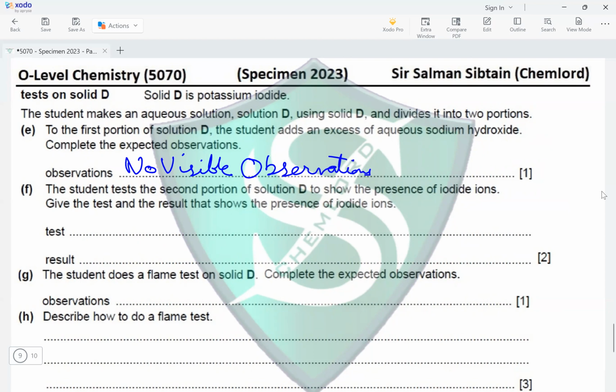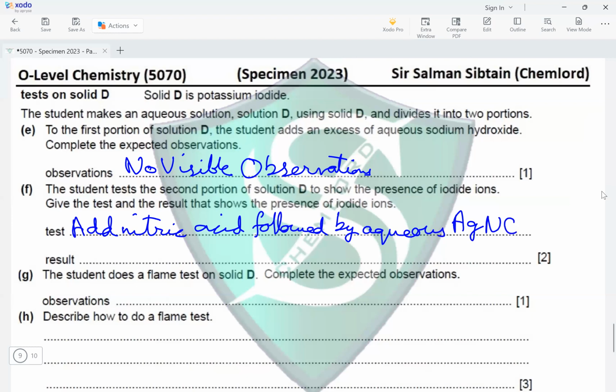Part F, the student tests the second portion of solution D to show the presence of iodide ions. Give the test and the result that shows the presence of iodide ions. The test would be add nitric acid followed by aqueous silver nitrate, which is AgNO3.